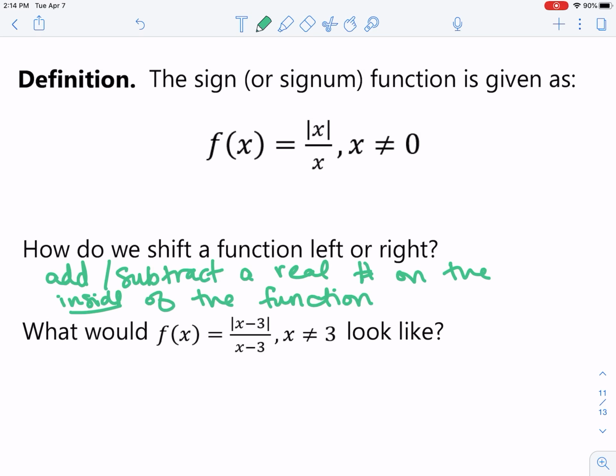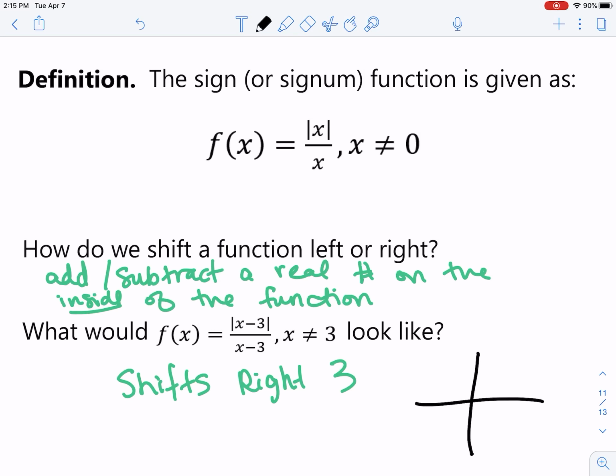Do you see how that's a shift because we've subtracted 3 on the inside of the function? Again, x appeared twice, so that minus 3 would need to appear twice, and it does. So this takes that parent function and shifts which way? Shifts right 3. Notice it does not stretch it. It does not shift it up or down. So it would look like this.